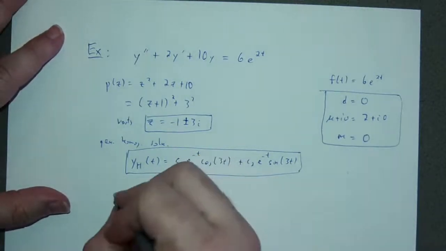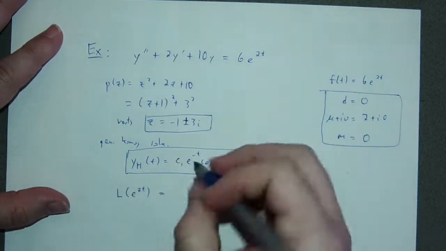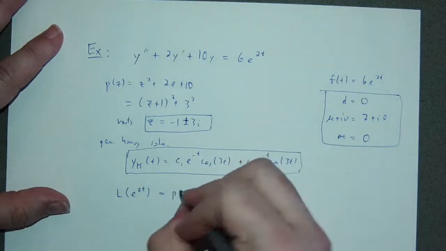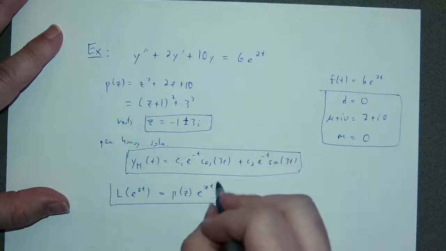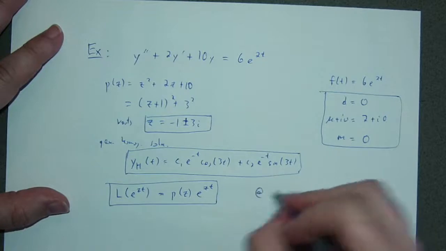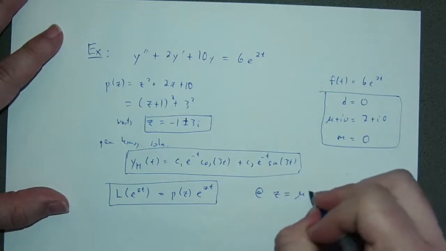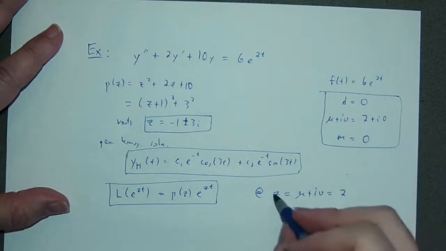So the key identity is L of e to the zt is equal to p of z e to the zt. Now, evaluating at z equals mu plus I nu, which is 2 here. What do I get?